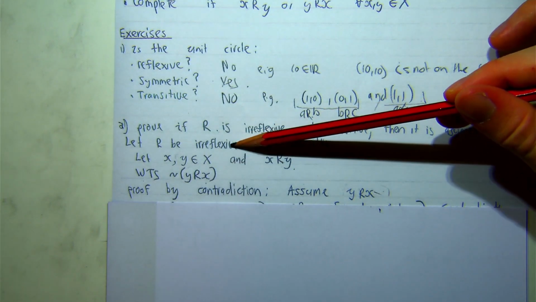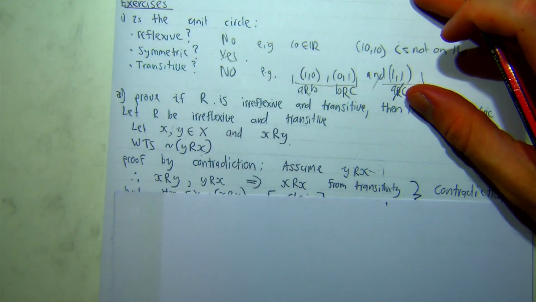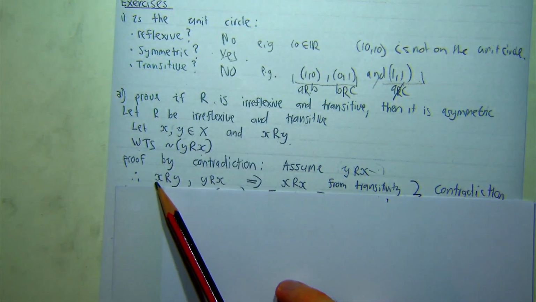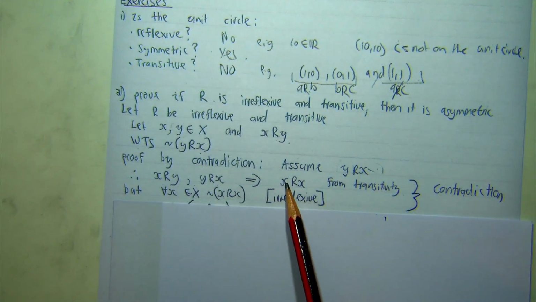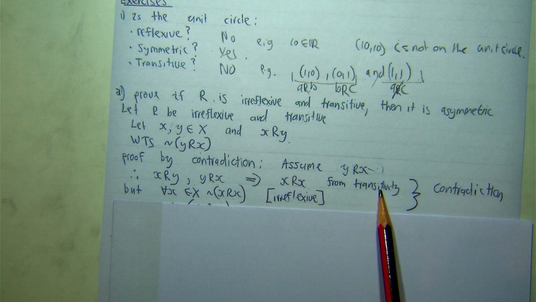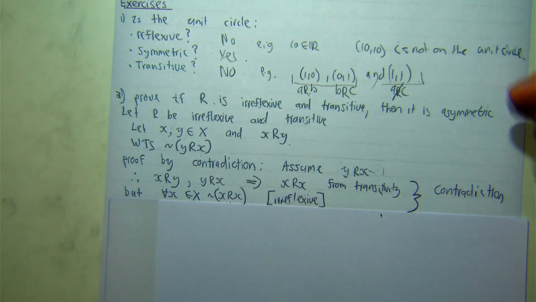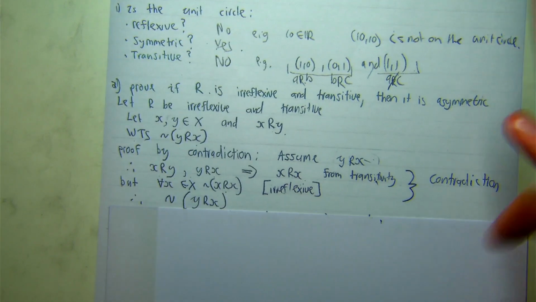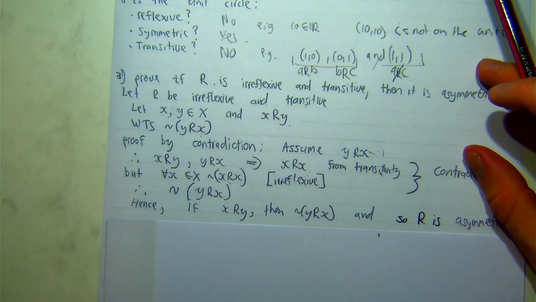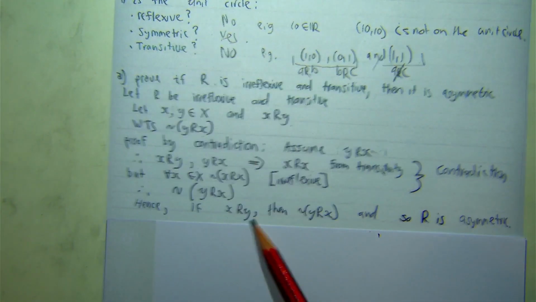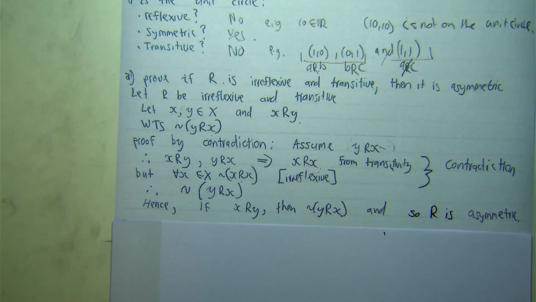Because R is irreflexive, that's not allowed, and that'll give us our contradiction. So this is that written down. X relates to y, y relates to x, gives us x relates to x from transitivity, but irreflexive says that's not the case, and that's our contradiction. Therefore, it is not possible for y to relate to x, and therefore we have shown that if x relates to y, then y does not relate to x, and therefore we have shown that R is asymmetric.